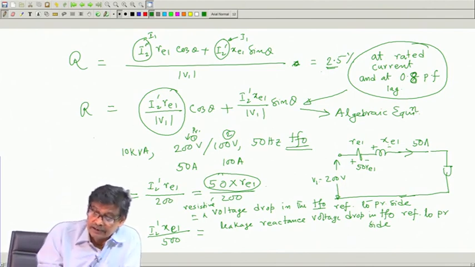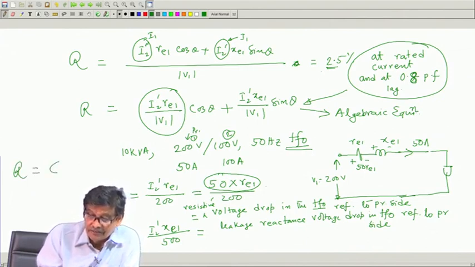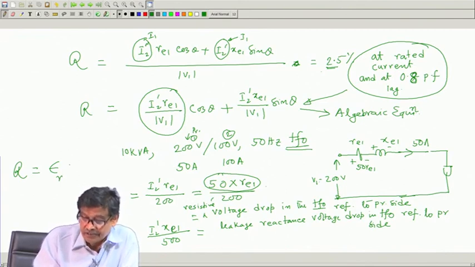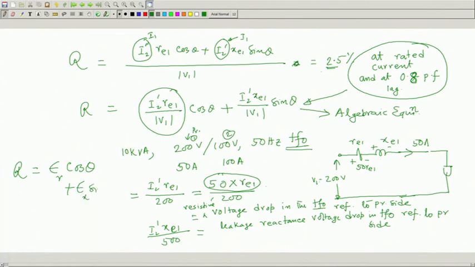In books they will write this as the per unit resistance of the transformer, written like this. What is epsilon r? Epsilon r is this one, the per unit resistance. So, what is per unit resistance of a transformer? You simply calculate how much of the rated voltage is dropped in the resistance while the transformer is operating.